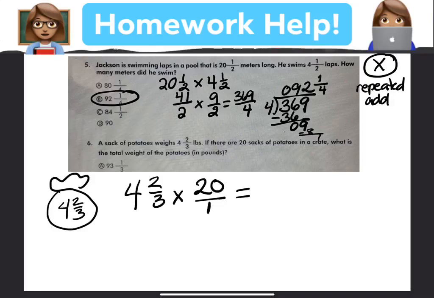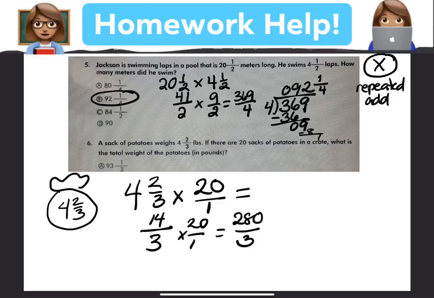Notice it's always multiplying straight across. That's why I needed this 1 there. I'm going to do the same loop-de-loop over here. So I loop 4 times 3 is 12, plus 2 is 14, times 20 over 1, and I have 280 over 3. Same thing as before.